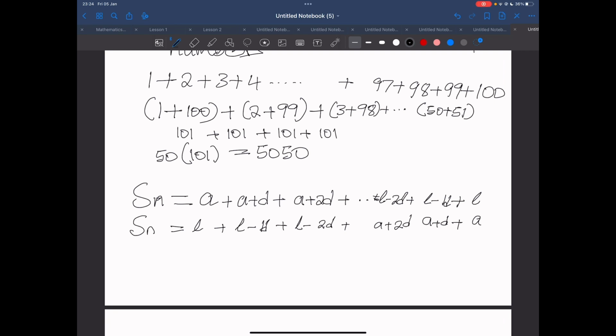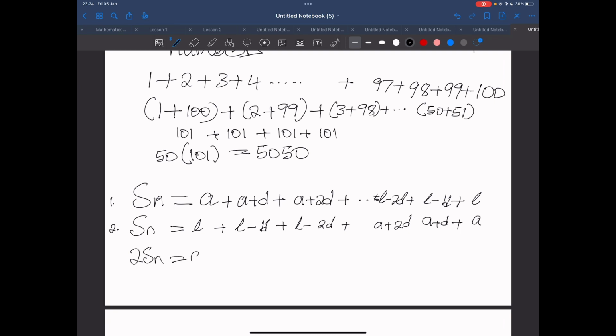So now we are going to add the terms. Let's say this is equation 1 and this is equation 2. When we add them together we will get 2 of the sum S_n, and then we add these terms.